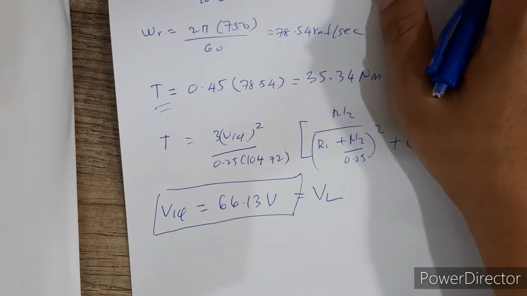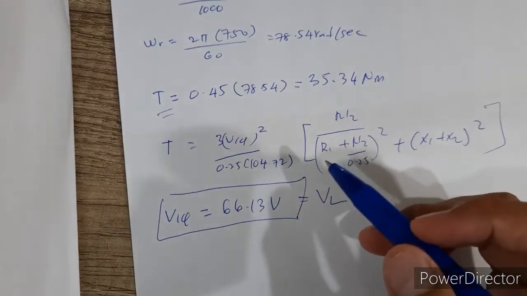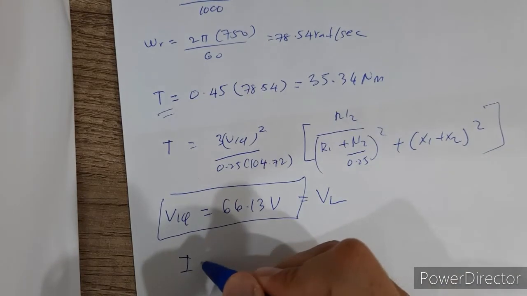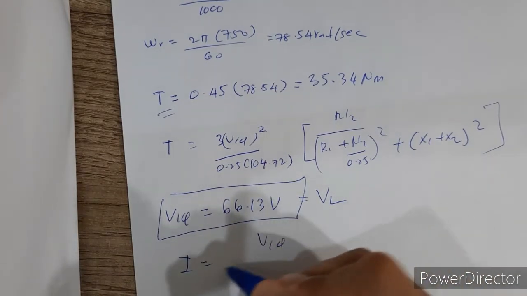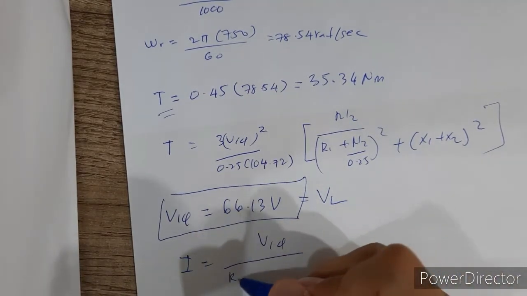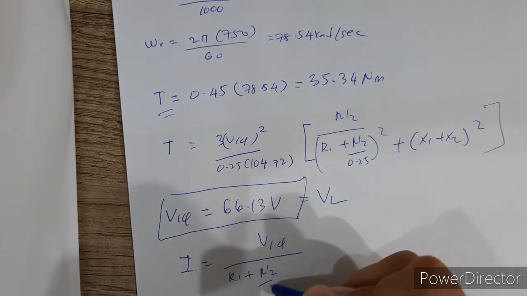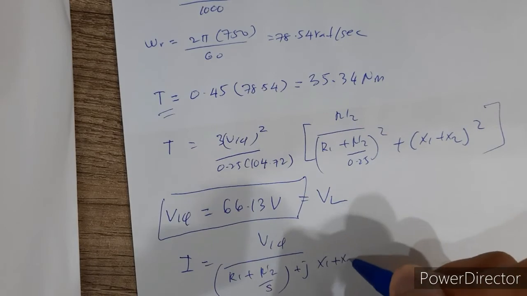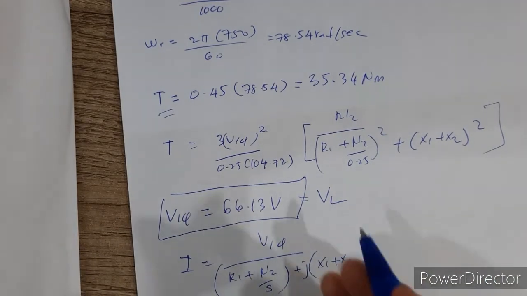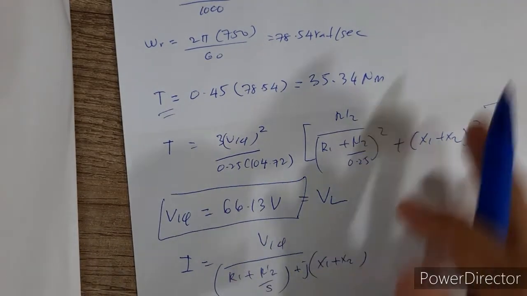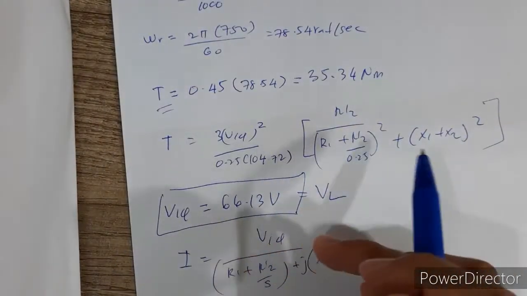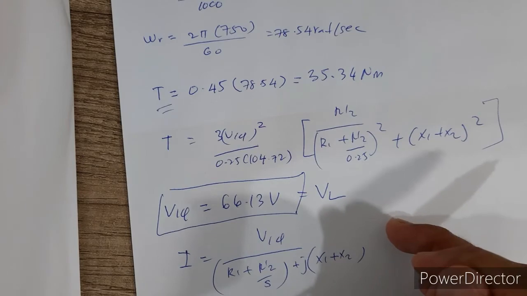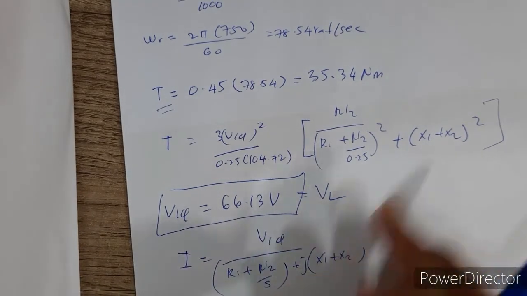Next is the current. Torque we have done, and the next one is current I. I equals V phase divided by R1 plus R prime 2 over S plus j(x1 plus x2). Actually you can separate, either determine Im and then add with Ir, or do it all at once.